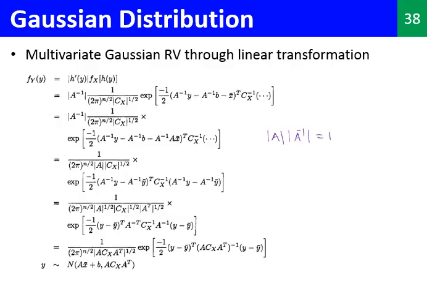Therefore, this A inverse determinant goes here as A determinant. Okay, and meanwhile, you can see that we have taken this part to be A inverse expected value of y. Okay, so those are coming from the properties of linear systems.